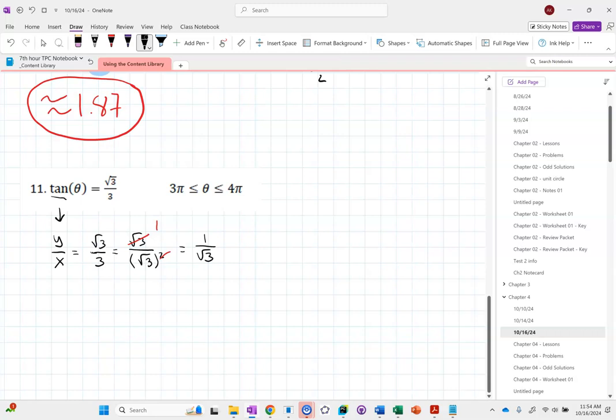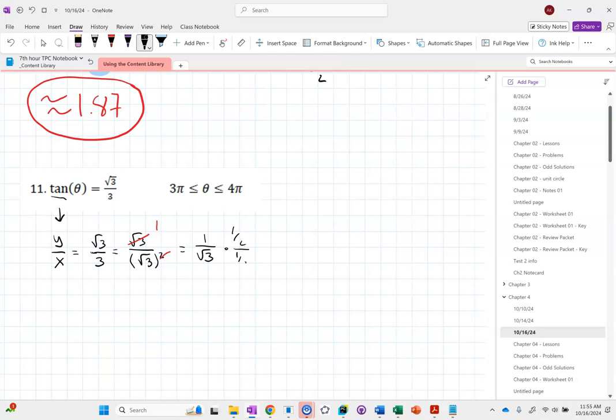Now if I go look at my unit circle, do I see a place where y is 1 and the x is square root 3? Still don't see that, but I do see a place where y is 1/2 and x is square root 3 over 2, right?